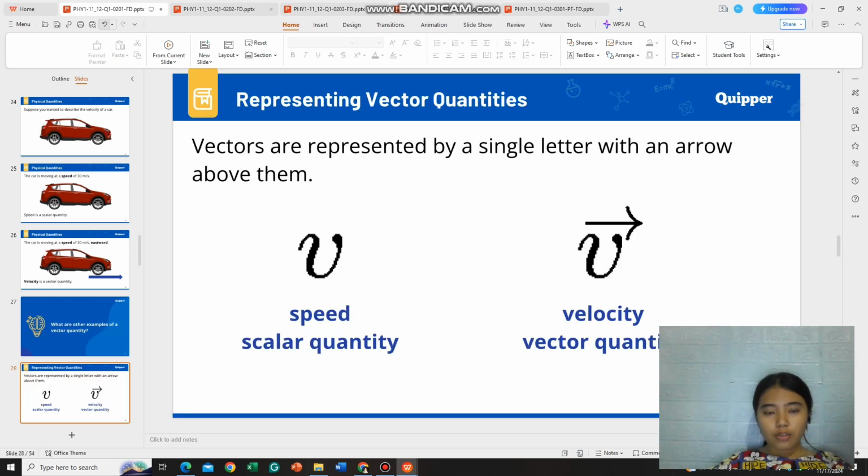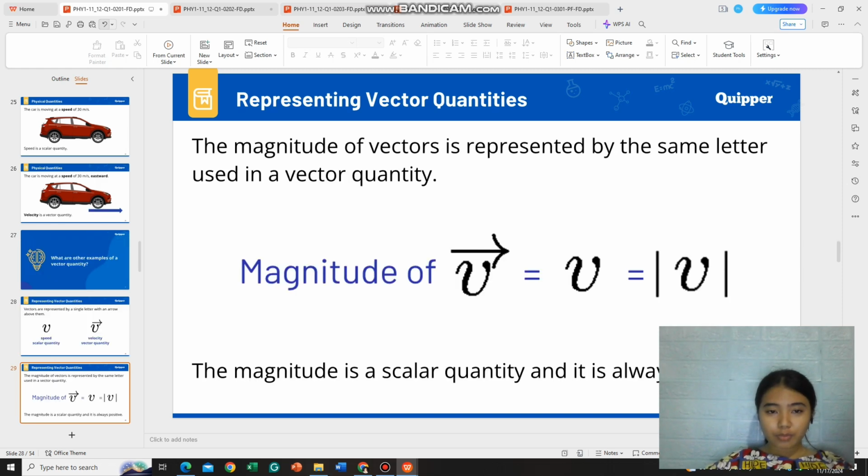Okay, so next slide. Vectors are represented by a single letter with an arrow above them. Velocity is a vector quantity, while speed is a scalar quantity. That is the difference. Just from the symbol, the arrow above indicates direction for velocity, while speed has none, since no direction is indicated.